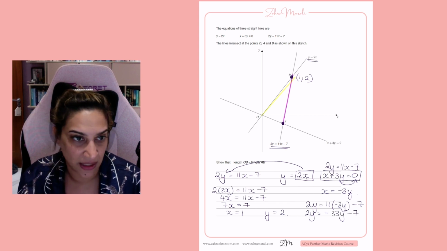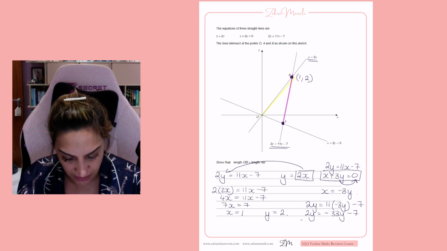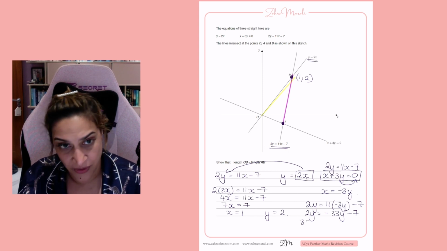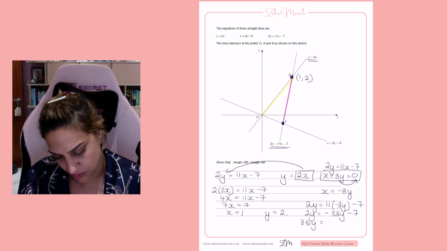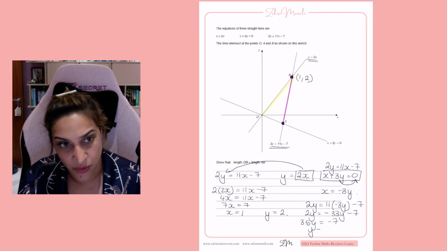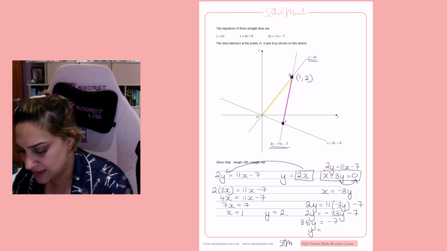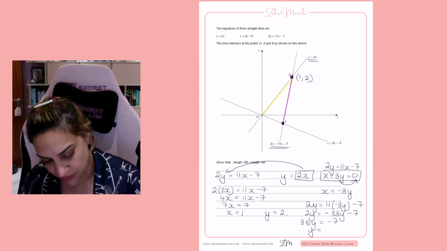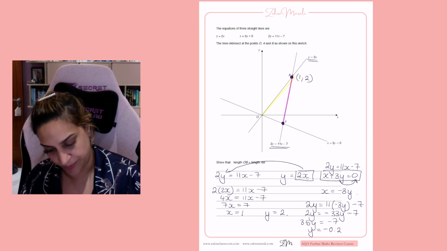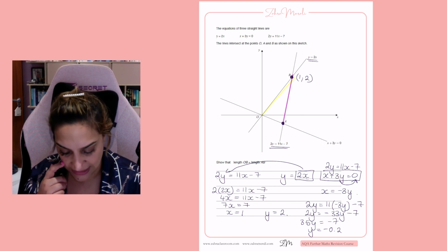Add that onto that side. So we get 35y equals minus 7. So y equals minus 7 divided by 35, which is going to give you minus a fifth, which is minus 0.2.